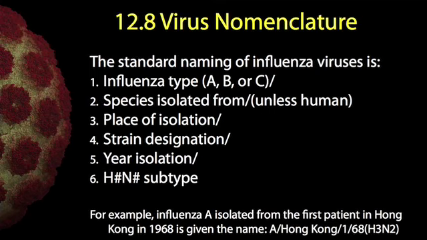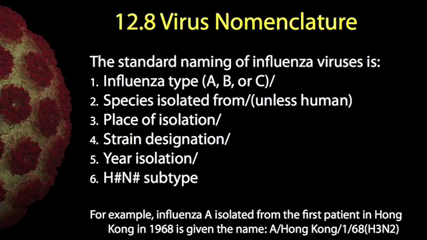So the naming convention is the influenza virus is type A, B, or C. The species that it's isolated from, if it's from humans, we just drop that. The place of isolation, the strain designation, which is usually, let's say it's the 15th influenza virus that we've isolated from Peterborough, then that's strain 15, the year that it's isolated, and the H and the N subtype.